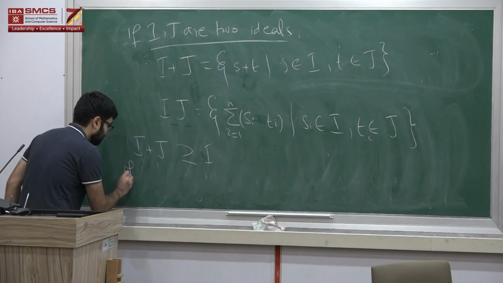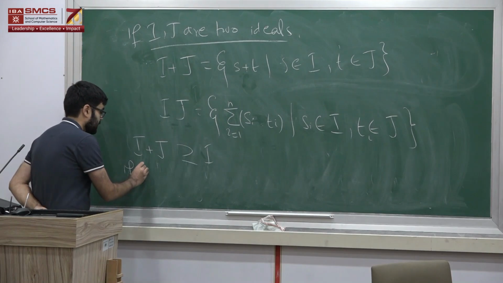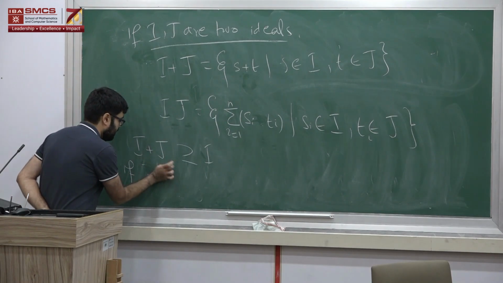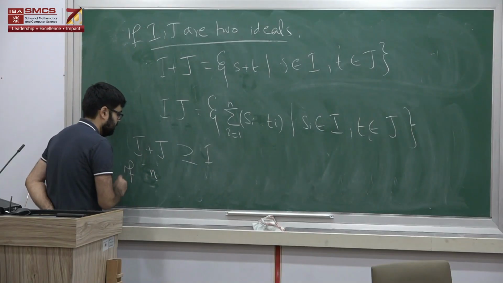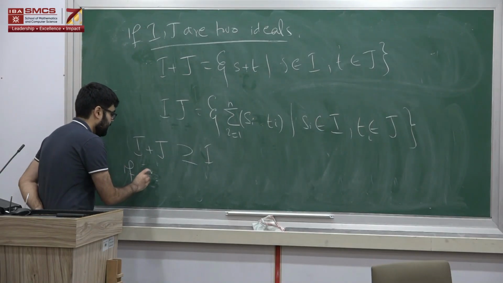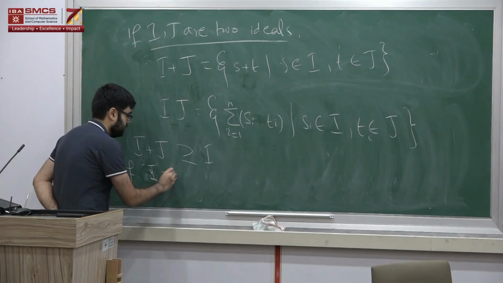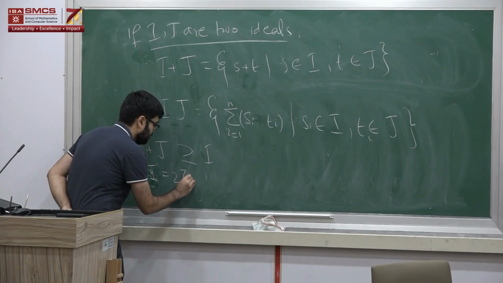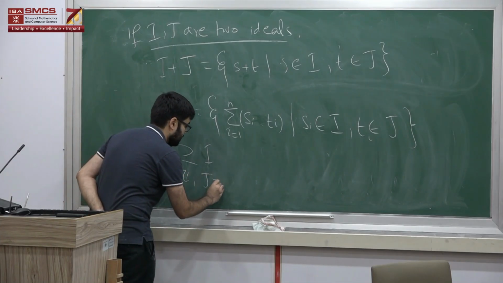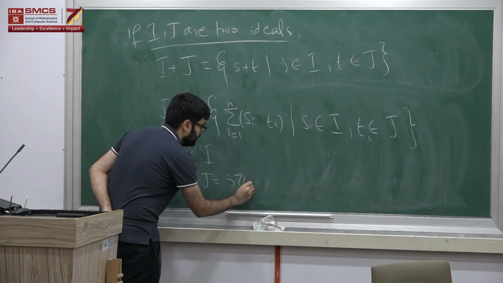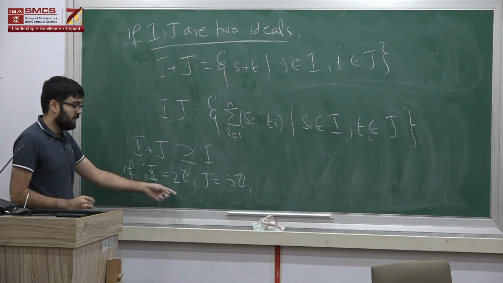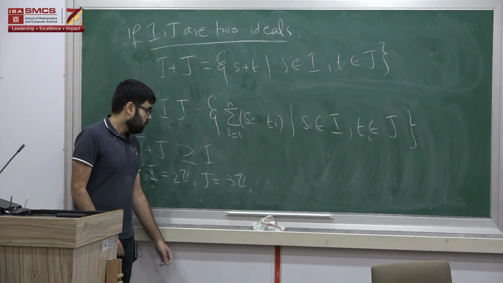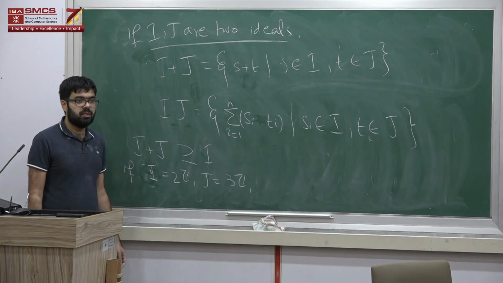So, if I is, let us say, 2Z, J is 3Z, you can check, because there is a linear combination of 2 and 3 which is 1 mod 6.